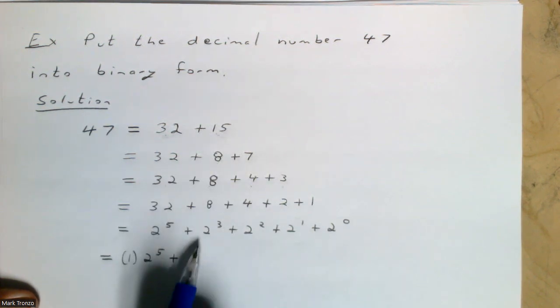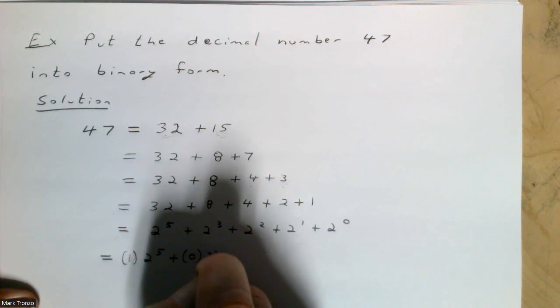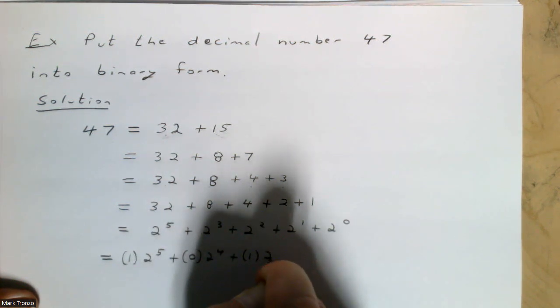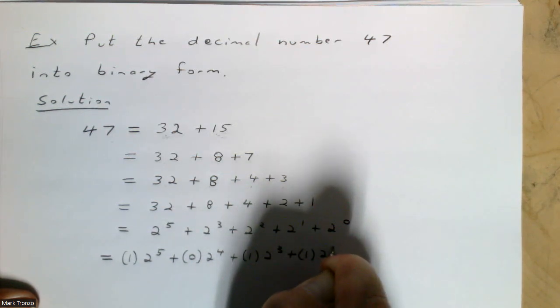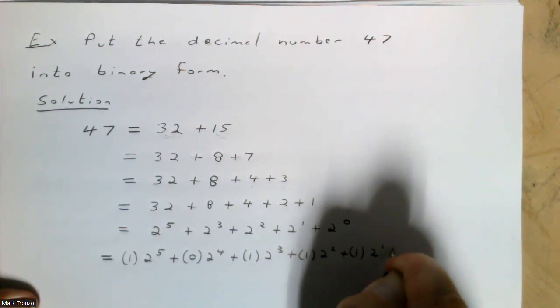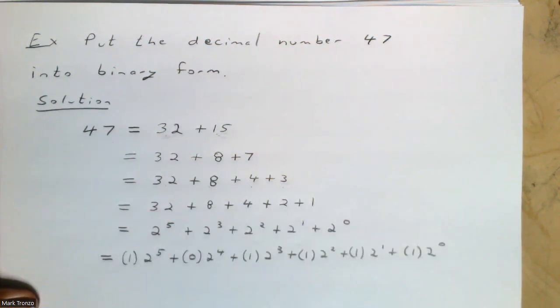And then notice we don't have a power of 4, so it's going to be 0 times 2 to the 4th. 1 times 2 cubed. 1 times 2 squared. 1 times 2 to the 1st. 1 times 2 to the 0.